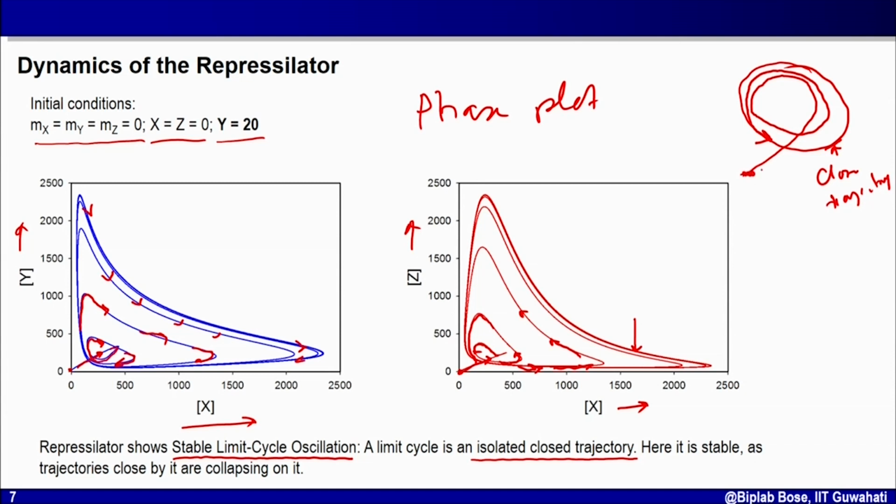And I have started from here, I move along these. I have trajectories here which give oscillation, but they are not closed. They eventually collapse at this closed trajectory. So as the trajectories slightly away from this closed trajectory are collapsing into it, it is a stable trajectory. This is not a stable steady state, but it is a stable trajectory which will give oscillation.